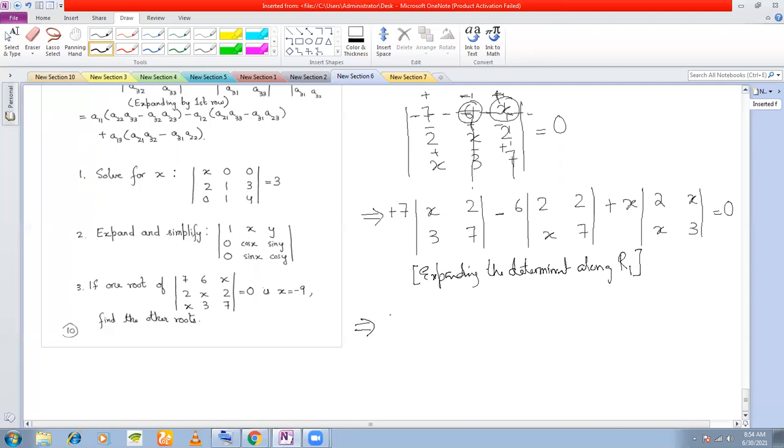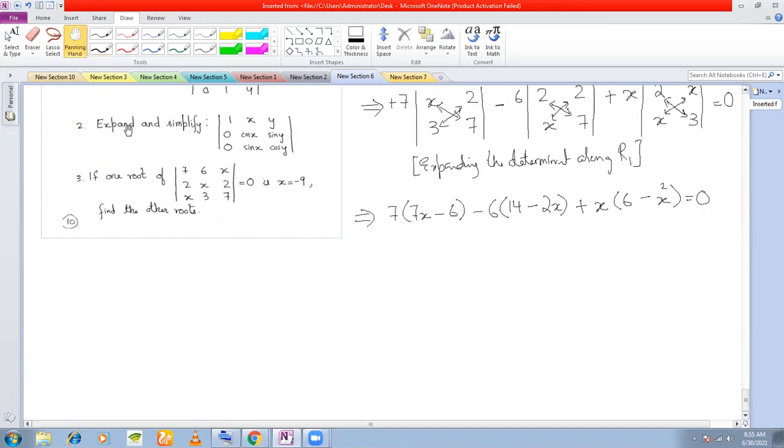Next, we are going to find out the value of each of these determinants of order 2. 7 into (7x minus 3 into 2, which is 6), minus 6 into (7 into 2, 14, minus 2 into x, 2x), plus x into (3 into 2, 6, minus x into x) gives you x square, equal to 0, right?